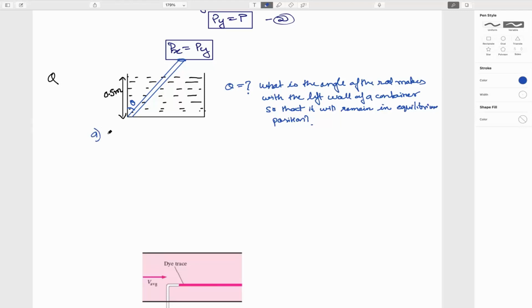Options are 45 degree, 60 degree, 100 degree, 20 degree.